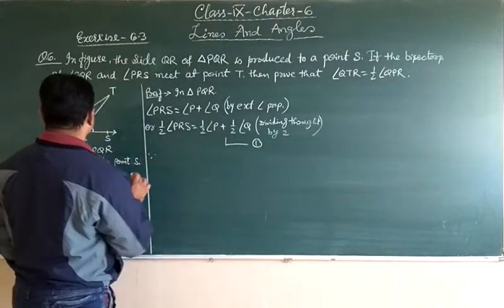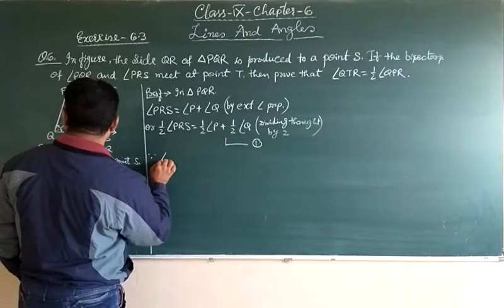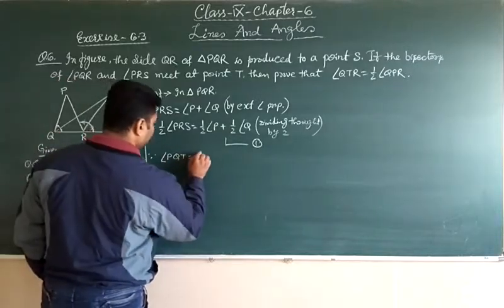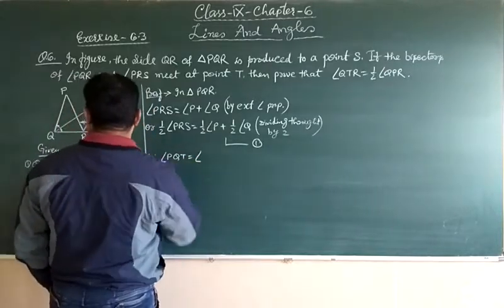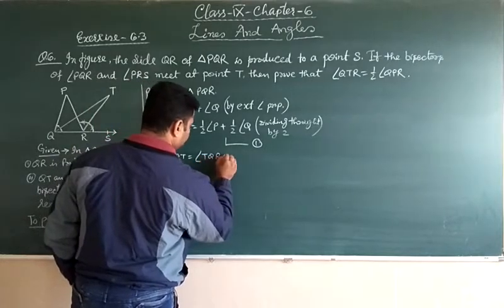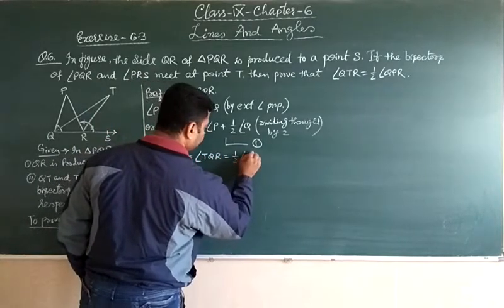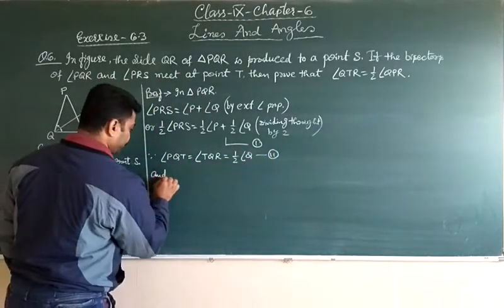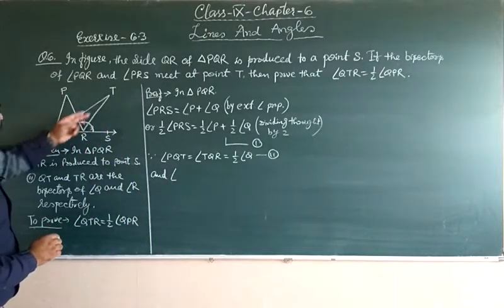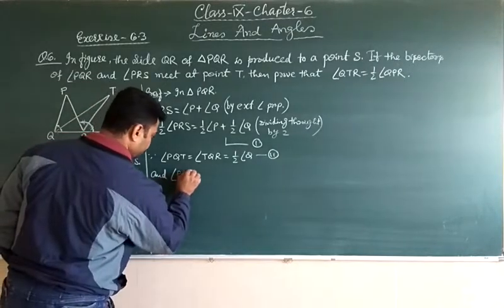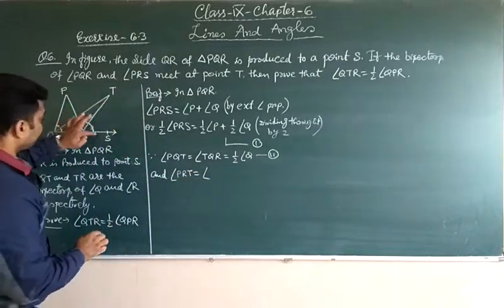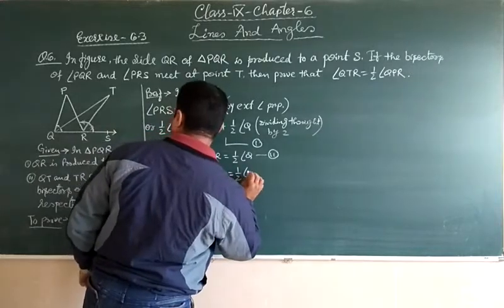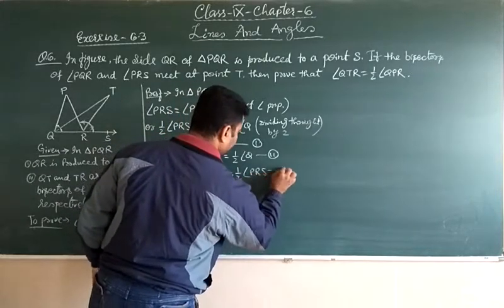Since angle PQT is equal to angle TQR is equal to half of angle Q, it is equation number 2, and angle PRT is equal to angle TRS is equal to half of angle PRS, it is equation number 3.